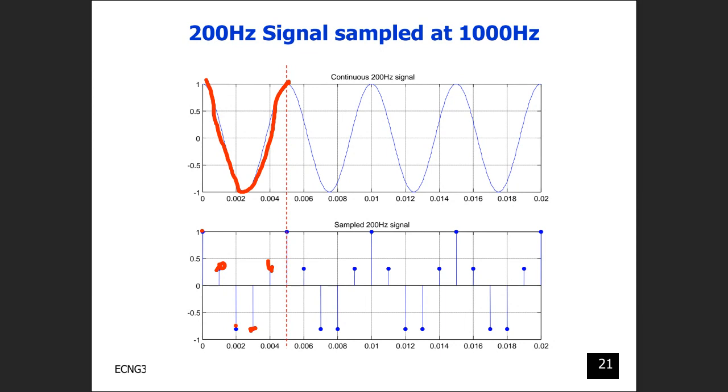So the number of samples is 1,000 divided by 200, which is 5. So the sampled signal looks like the one below.